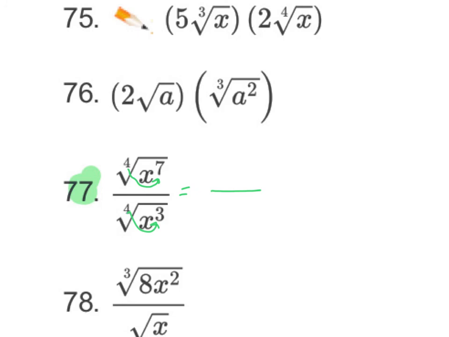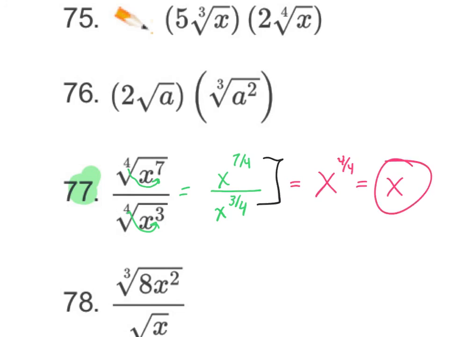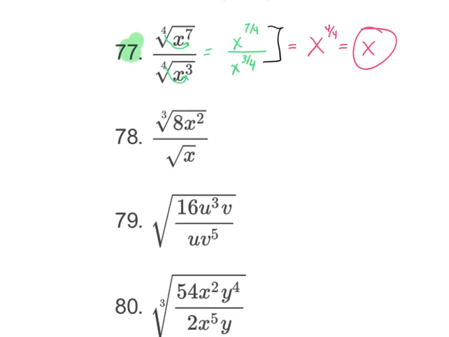But if you go to rational first, this becomes x to the 7/4. This becomes x to the 3/4, right? Same base. What do we do when it's the same base and we're dividing? Subtract. So 7/4 minus 3/4 is 4/4, which is 1. Good. Very good. You guys are doing good. You're going to be just fine.